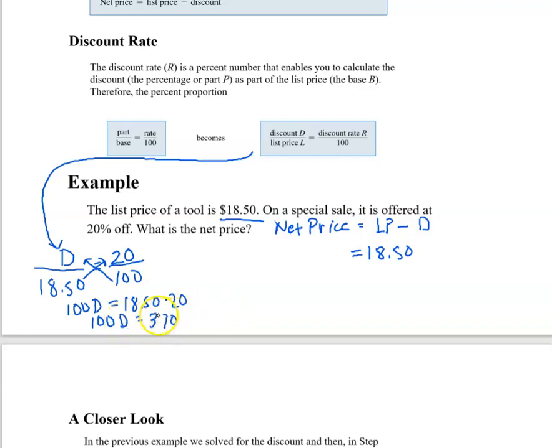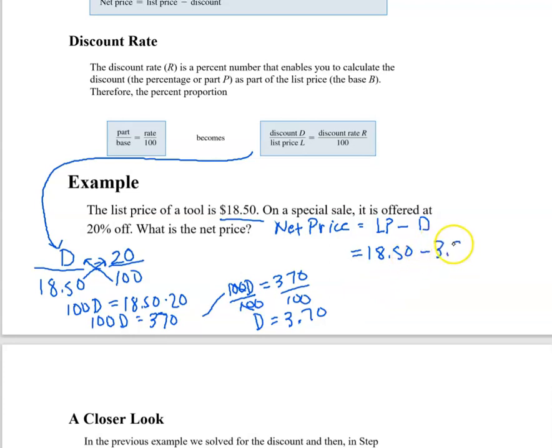So 100 times our discount is equal to $370. And then when we finish solving the problem by dividing by 100, we have that our discount ends up being $3.70.